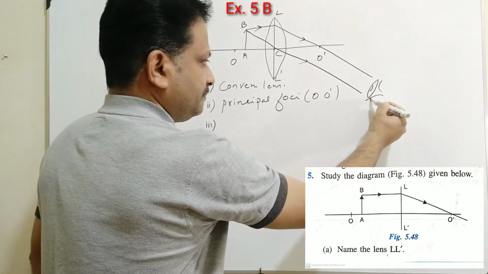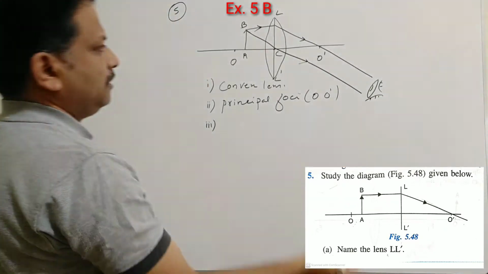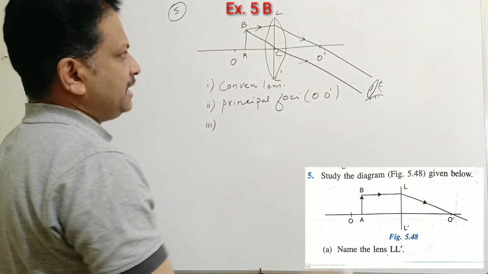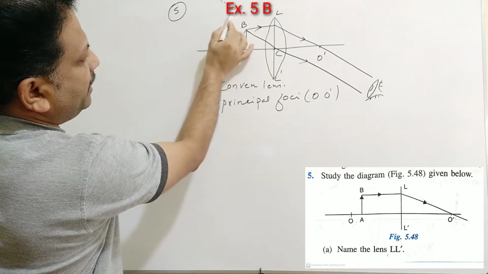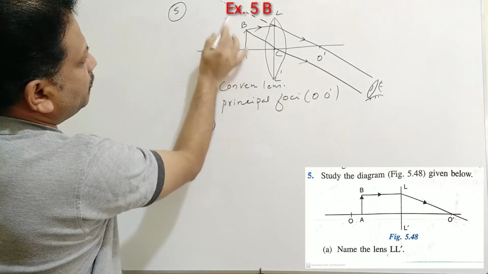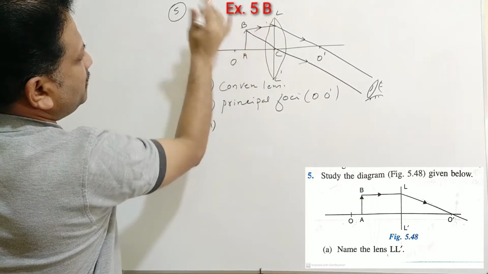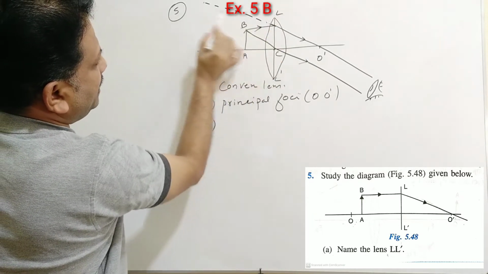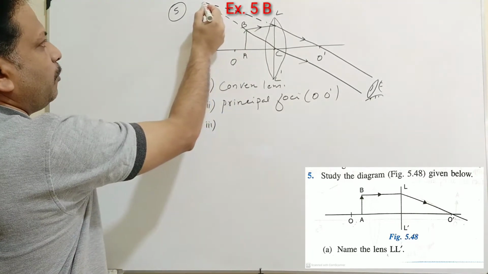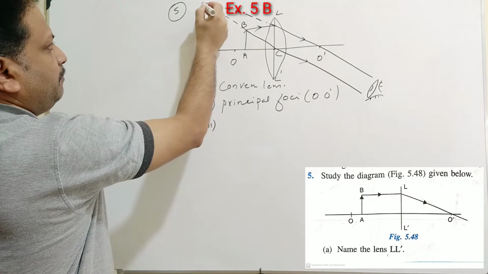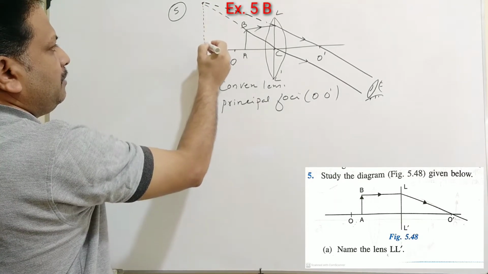Clear? So where will the light rays meet? The light rays will appear to be diverging from a point. How do you get it? You produce it backward. Produce the light rays backward. Let us produce it by a dotted straight line. Use scale and pencil. Okay, I have produced it. The point of intersection is the position of the image.